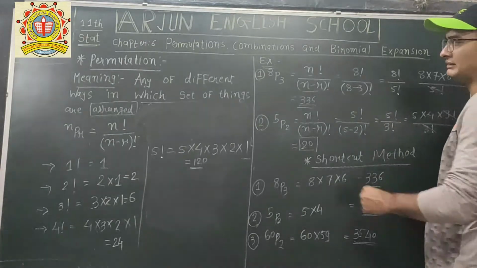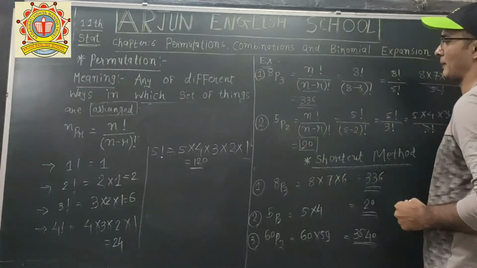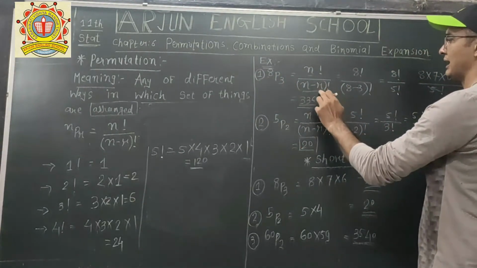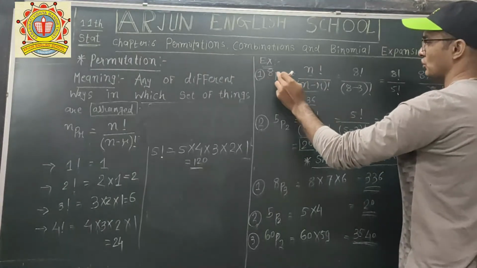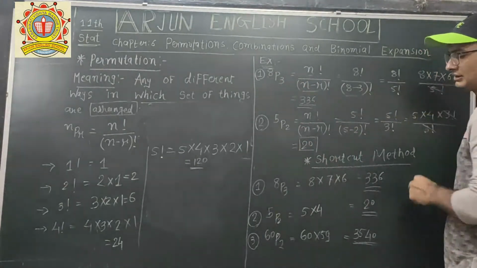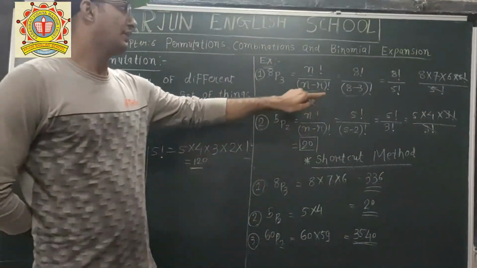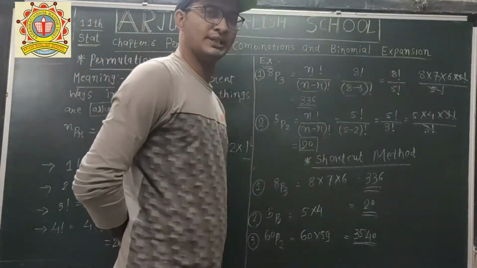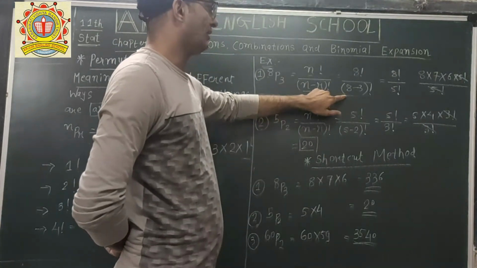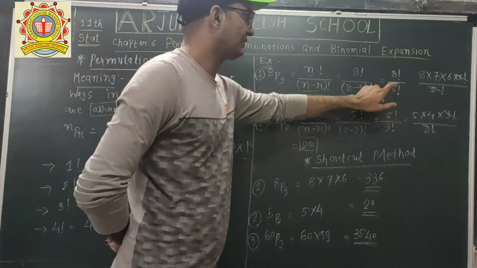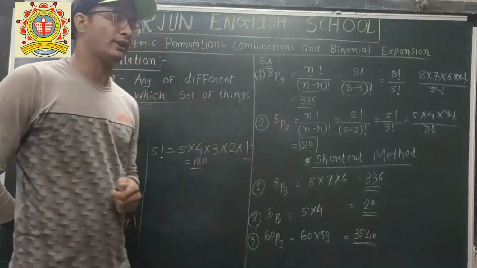N factorial means 8 factorial, and n minus r comes to 8 minus 3 factorial. Now here it is 8 factorial, in the denominator 8 minus 3, that is 5 factorial.